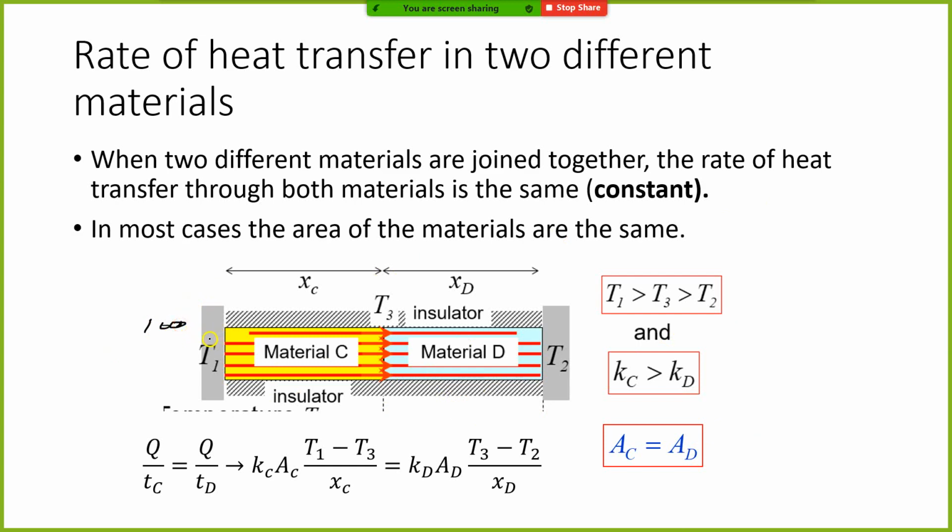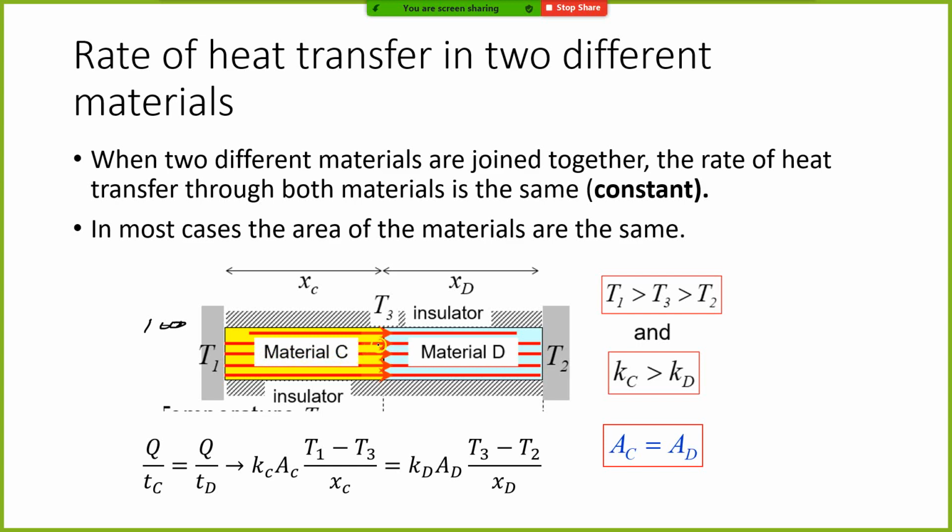What we're saying here is that heat energy is going to be transferred. The rate of heat energy is going to be constant for both materials. So whatsoever heat energy is transferred to material C is going to be equal to the rate of heat transfer through the second material. That's just how it is.